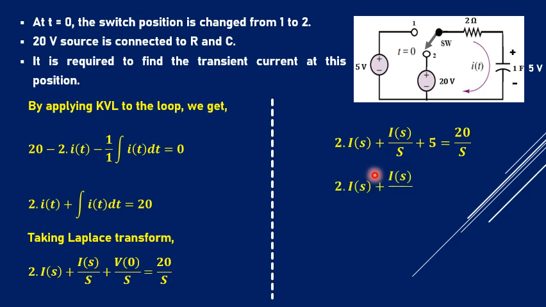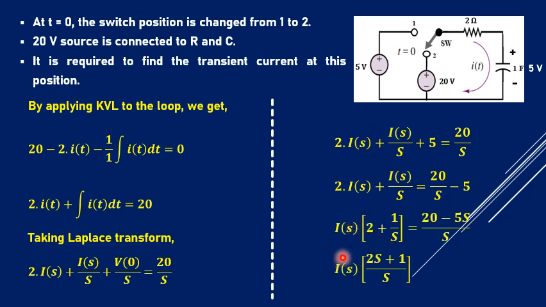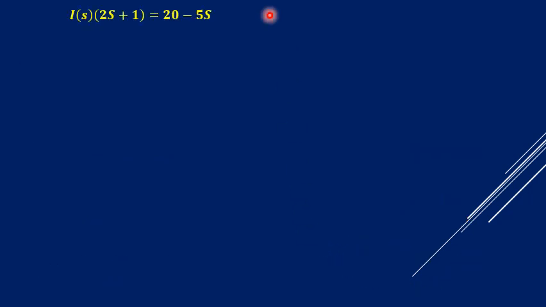Right. Now again, further simplifications, we are interested in finding I of s, so bring I of s into one side and do the simplifications. So take LCM here, and the s will be cancelled. So I of s into 2s plus 1 will be equal to 20 minus 5s. Now bring this 2s plus 1 to the right hand side.